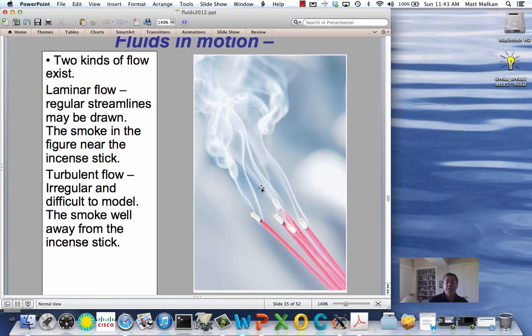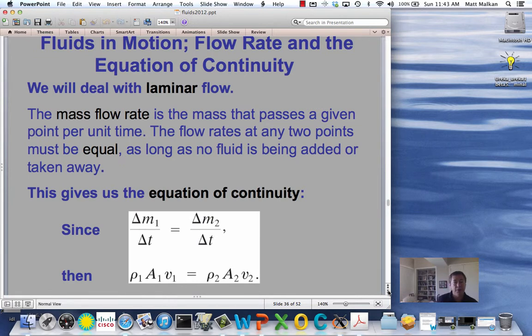It starts out as pretty much a laminar flow, and then at some point it gets mixed in with some air currents that are blowing around from outside, and it goes turbulent. It transitions over. This we could describe with today's lecture. This we cannot. So let's stick with laminar flow, even though you often find both in the real world.